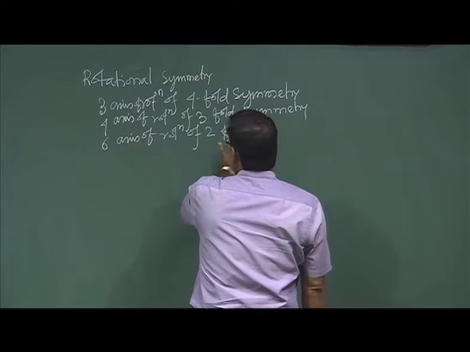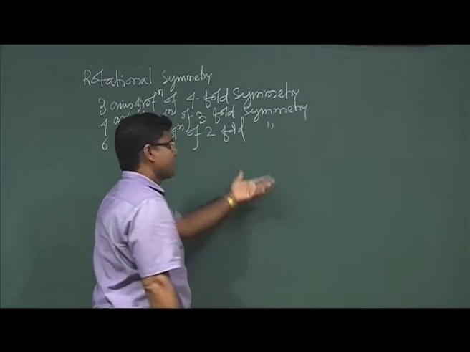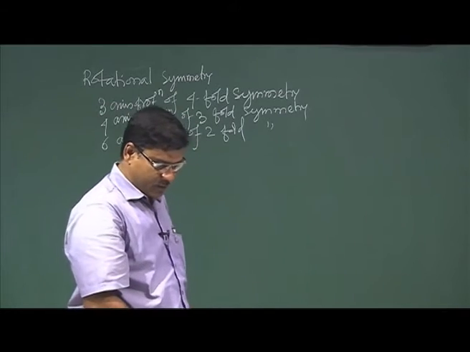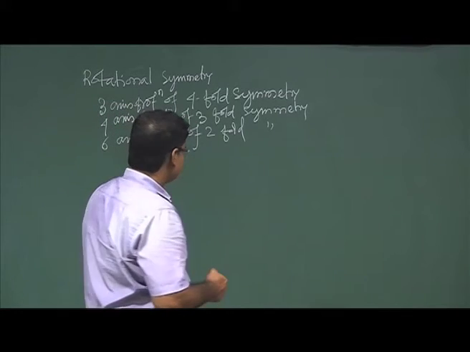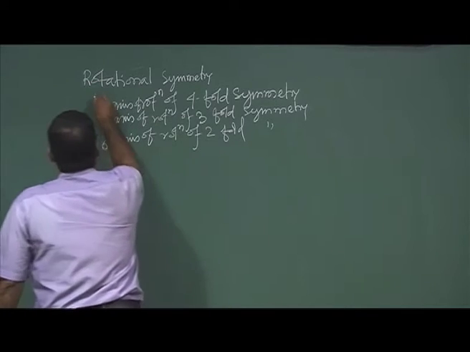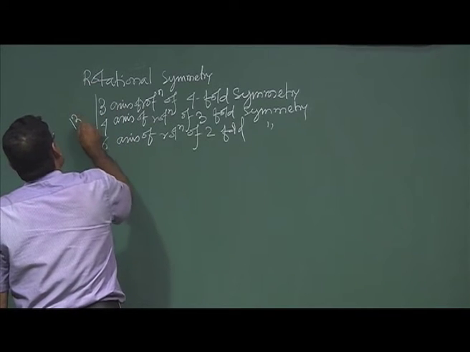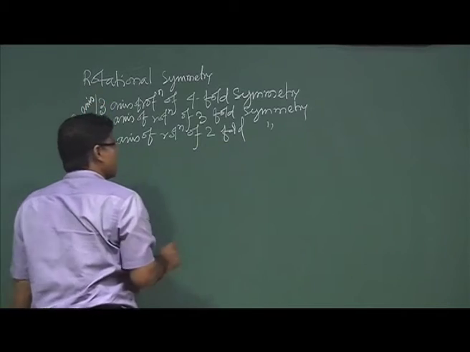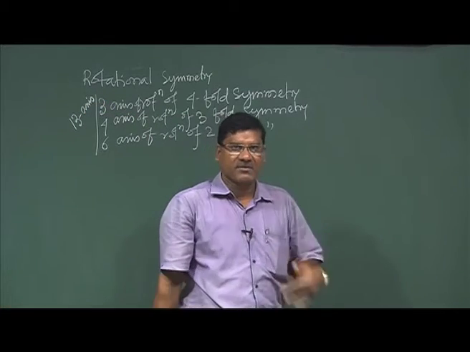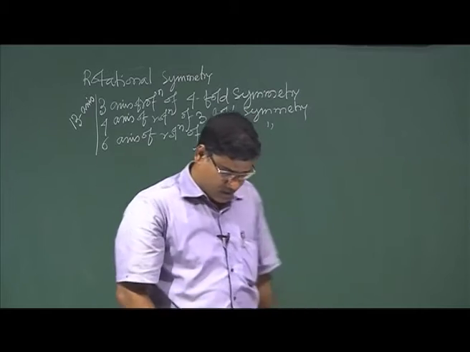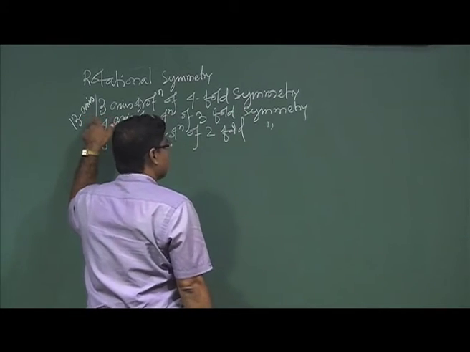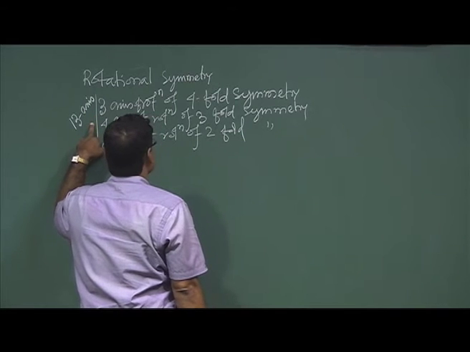So, 6 axes of this type one can get from the cube that I have shown you. So, in total 13 rotational axes having different fold of symmetry one can get for the cubic crystal.